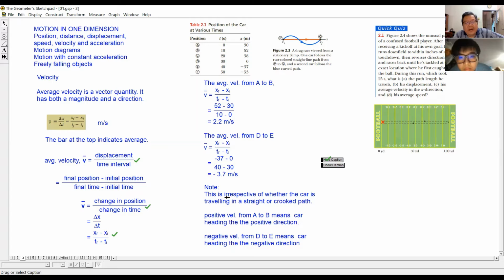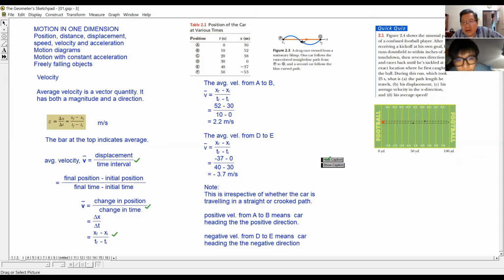Now whether the car is traveling in a straight path, that means your distance travelled is actually your displacement, or the car is traveling in a crooked path. Even if you are traveling in a crooked path, we are not interested in the crooked path. We are only interested in where the vehicle is initially and what the position is finally.